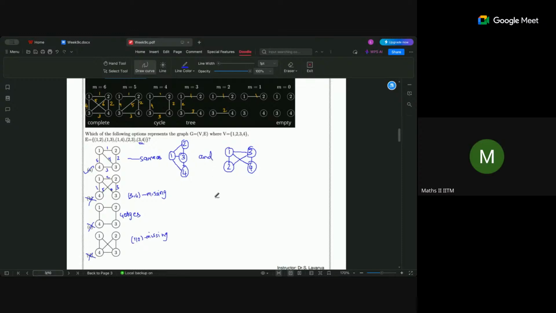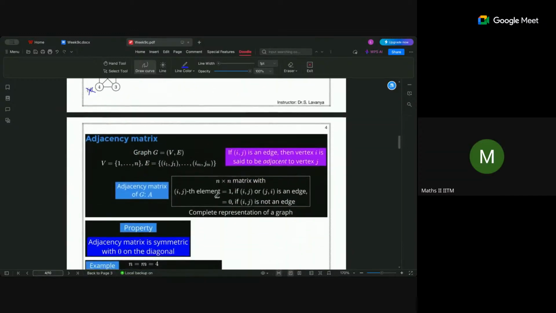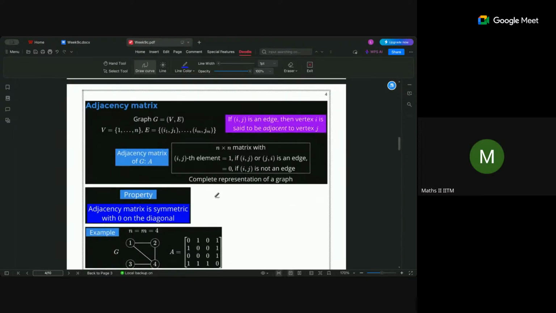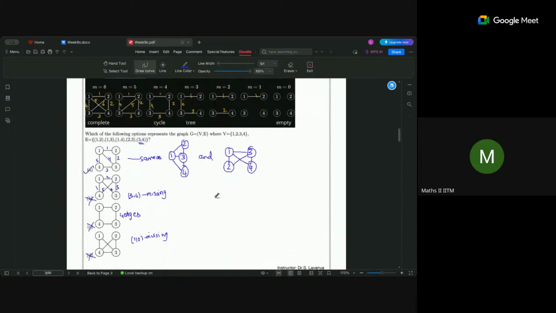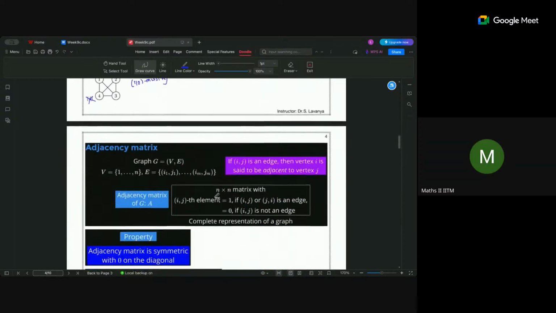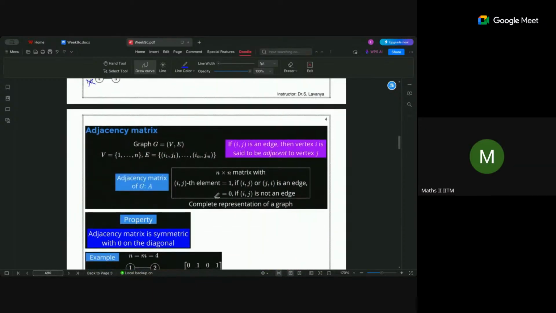Okay, fine. Now what are adjacency matrices? To understand graphs, we are going to use matrix representation for graphs. So how are we going to represent graphs using matrices?